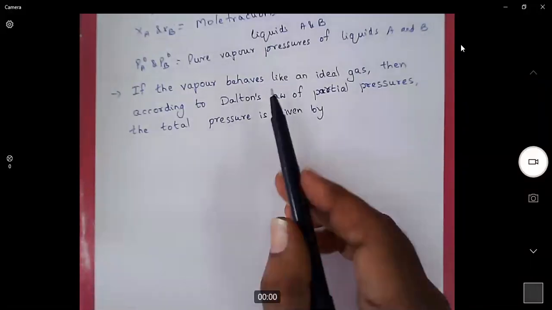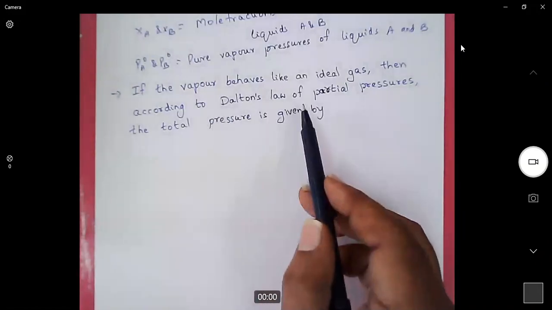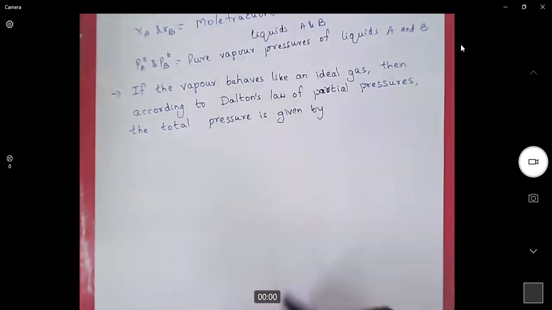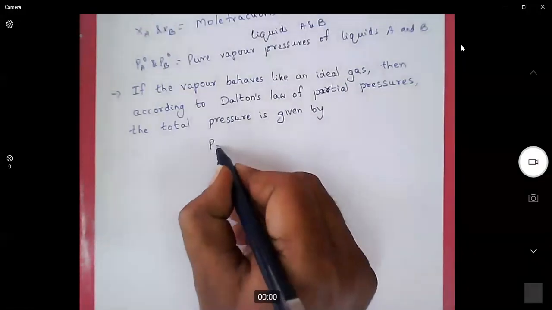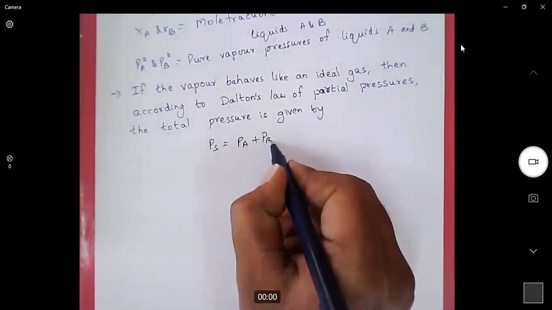If the vapor behaves like an ideal gas, then according to Dalton's law of partial pressures, the total pressure is given by PS is equal to PA plus PB.